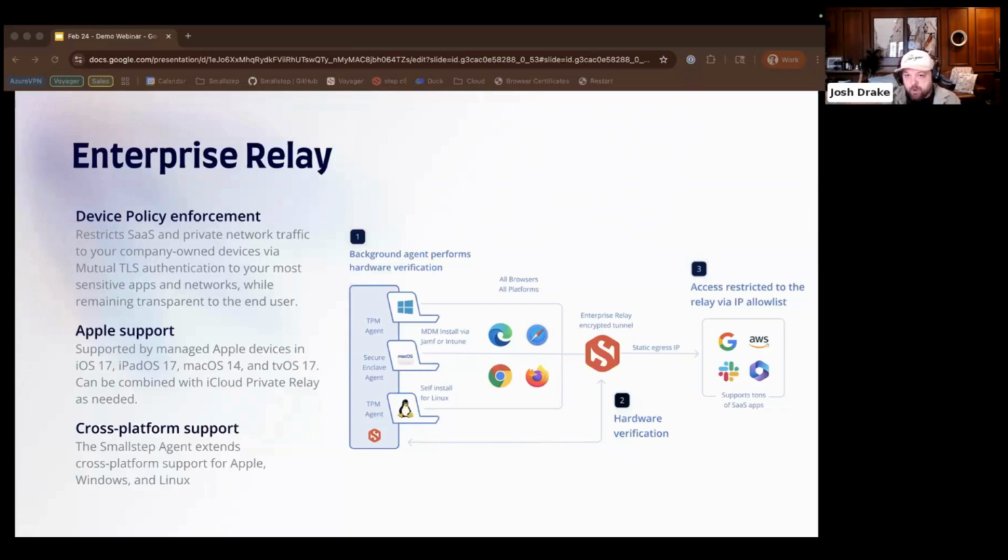We have a simple demo website that's stood up that simply limits inbound traffic to a specific set of ingress IP addresses. When we provision an enterprise relay for our customers, what that means is you get a set of, well, we're going to call them proxies, but effectively compute instances running wherever the customers need them to be, giving you a stable set of IP addresses that you can use to configure any SaaS app, really, or any internal network.